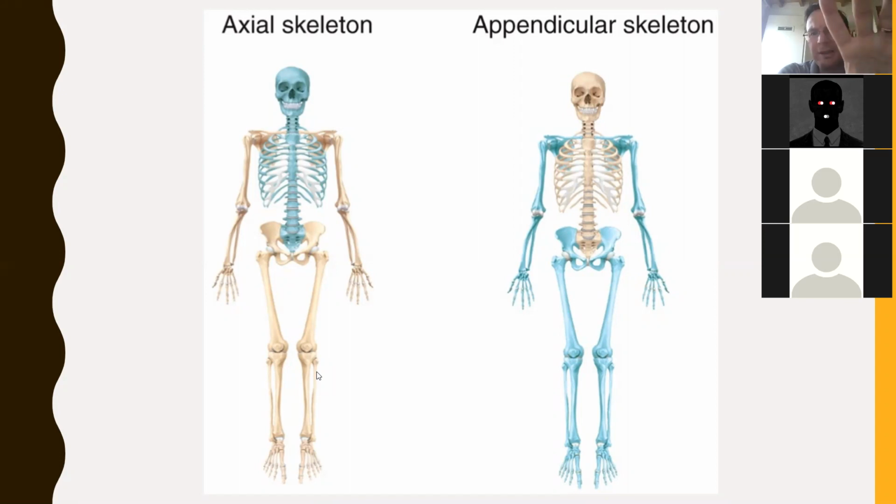The appendicular skeleton consists of the shoulder girdles and the arms and hands that hang off them, and then the pelvic girdle and the legs and feet that hang off that. We described the appendicular skeleton as being more about movement, like walking, running, grasping and reaching. These are broad classifications of the skeleton.